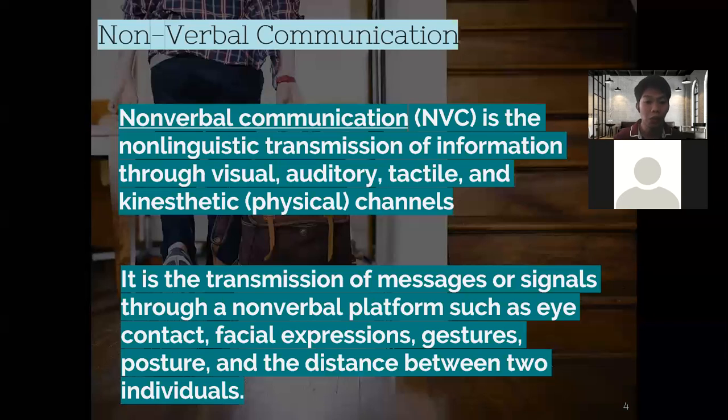You can use the visual, auditory, tactile. When you say tactile, it refers to touch; kinesthetic refers to body movements. So you can use these forms of communication even if you do not employ words or any verbal attributes in communication.